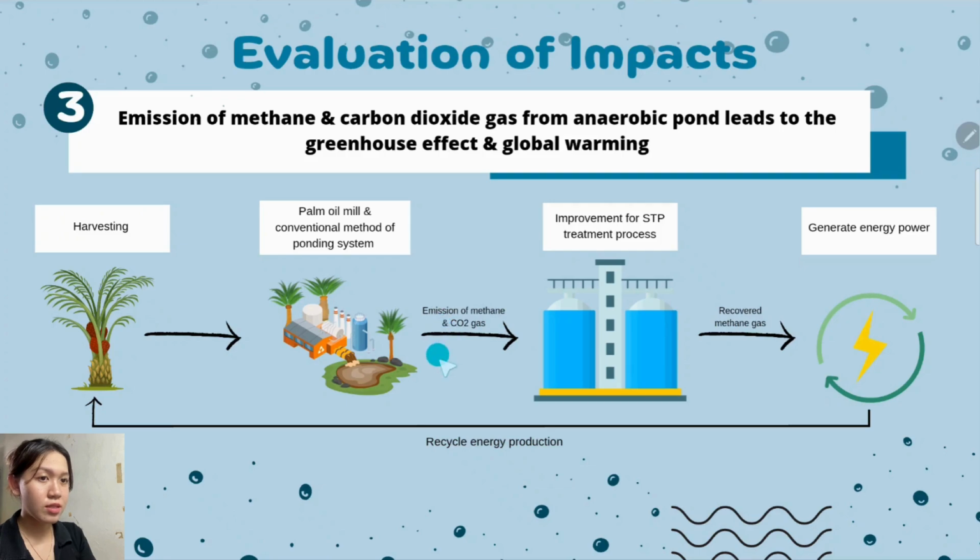For better utilization of the STP function, methane gas can be recovered as biogas, and biogas released to the environment leads to a greenhouse effect and eventually worsens global warming. Adversely, this palm oil project has yet to adopt any filtration or bioreactor method able to recover the methane gas to be recycled for energy production.